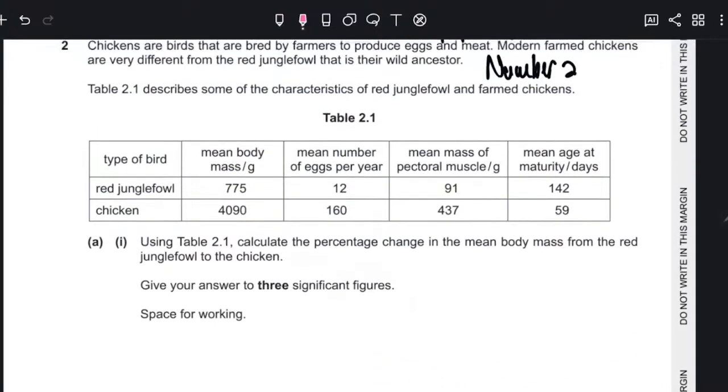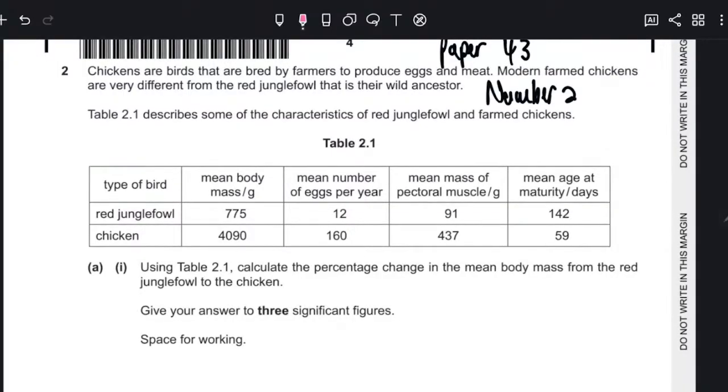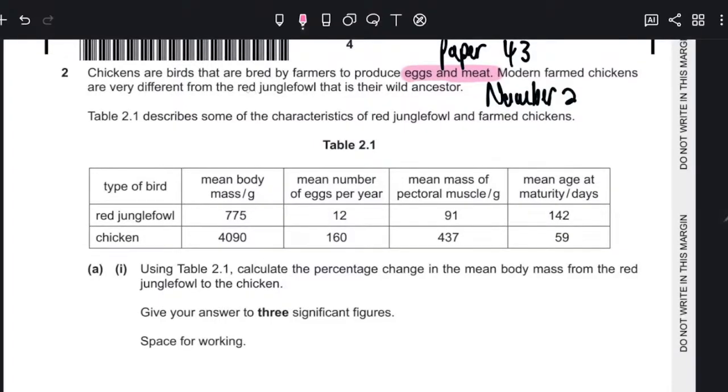Chickens are birds that are bred by farmers to produce eggs and meat. Modern farmed chickens are very different from red jungle fowl, that is their wild ancestor. Look at red jungle fowl versus chicken.